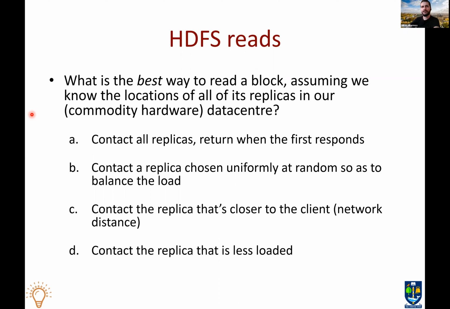And we can also discuss B and D, like they both try to optimize for load balancing, as we said. Yes, exactly. A wastes a lot of bandwidth and processing power.